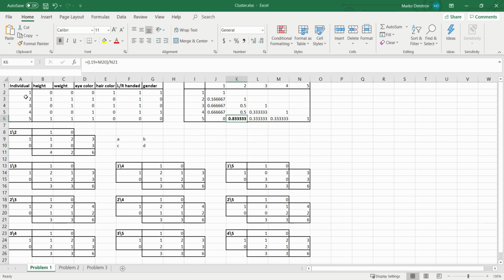We can put those two individuals together to form one group, one of our clusters. And for the others, we can see that 1 is most similar to 3 and 4. So we can put 1, 3, and 4 in one cluster because of this relatively high similarity coefficient, and 2, 5 as another cluster. You can create those subgroups in different ways, but this one is the most appropriate here.